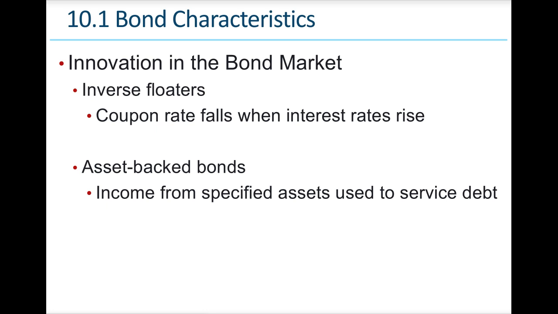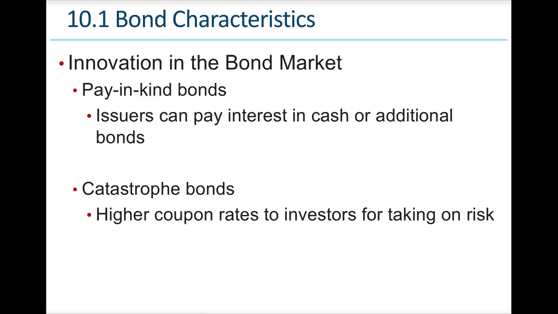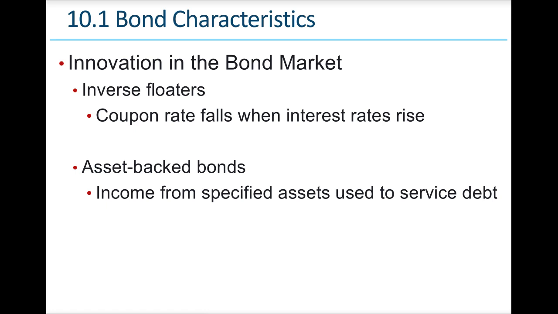Now, asset-backed security bonds are bonds backed by specific assets, such as mortgage-backed securities, credit card-backed securities, or auto loan-backed securities. So it's backed by some sort of collateral or asset. And they can be very creative and innovative in these areas because if there's any pool of debt, whether it's credit card debt, mortgage debt, or student loan debt, they can securitize it and use the assets it's tied to as collateral to issue to investors.